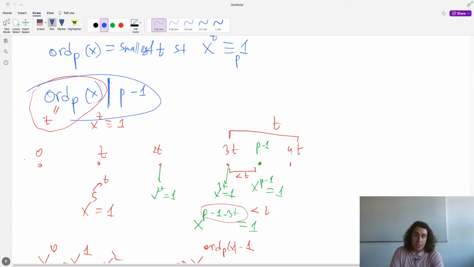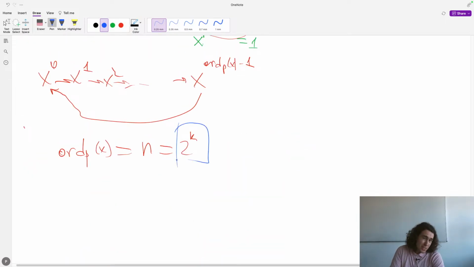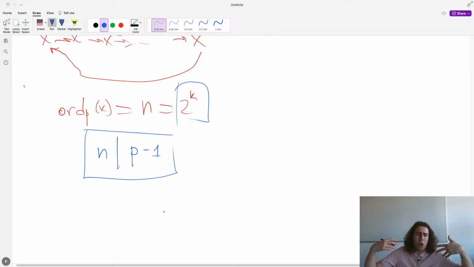Well, we know that p minus 1 is divisible by the order. So for this to be true, we need n to be a divisor of p minus 1. So actually this is not always possible. This is only possible if the number n divides p minus 1.